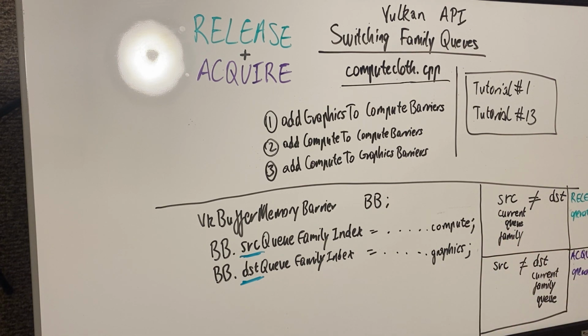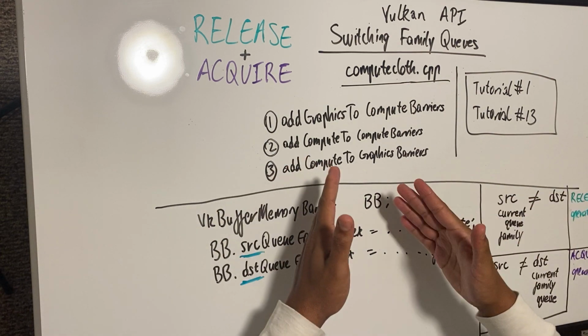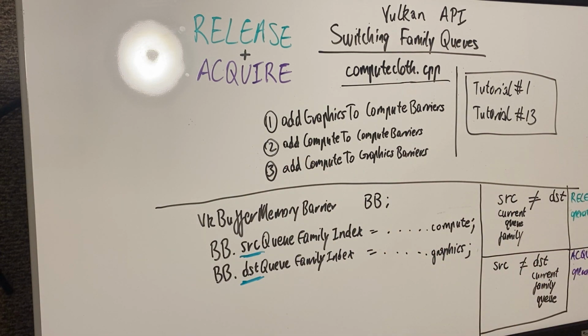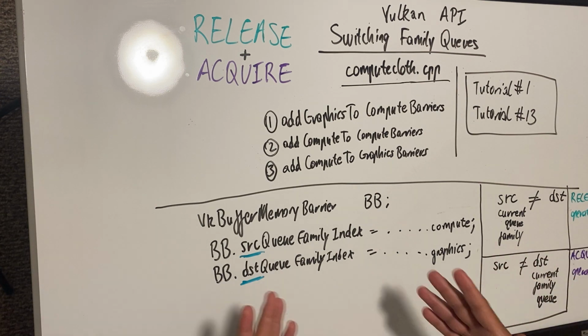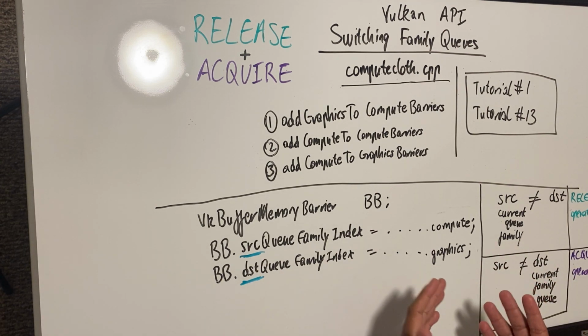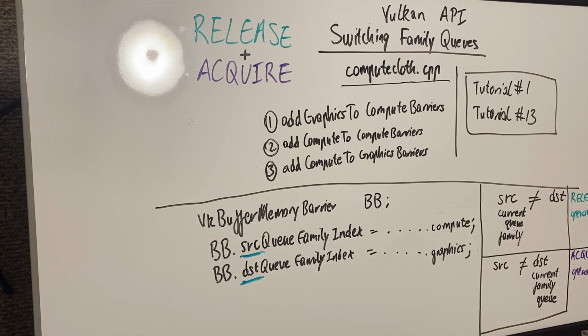So it doesn't matter for me. But depending on the GPU that you have, you might have separate family queues for what you're doing. Remember, you have graphics family queue, compute family queue, which sometimes could be the same or different family queues. You also have transfer family queue, and I think a binary family queue, which I know nothing about.